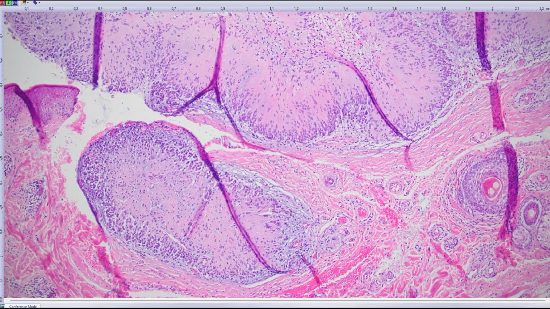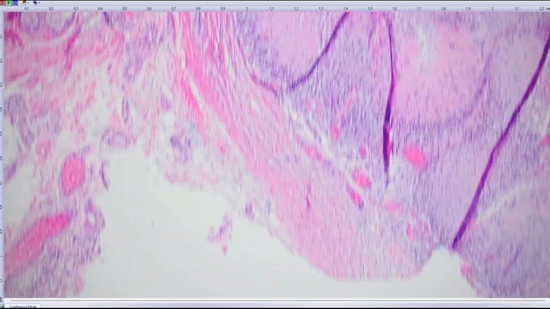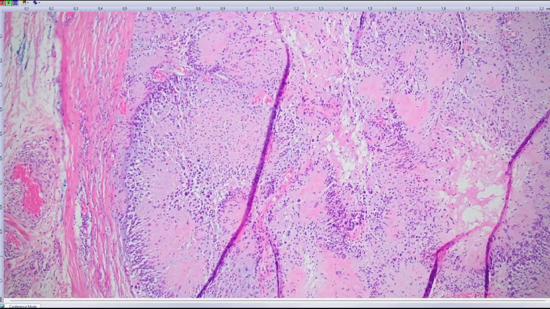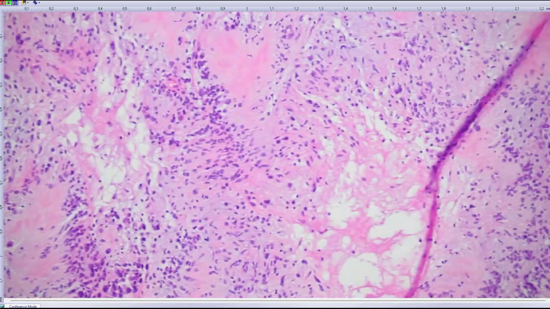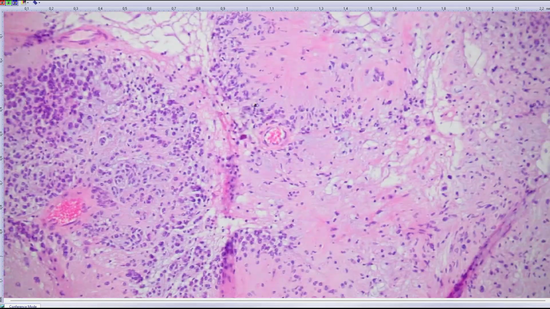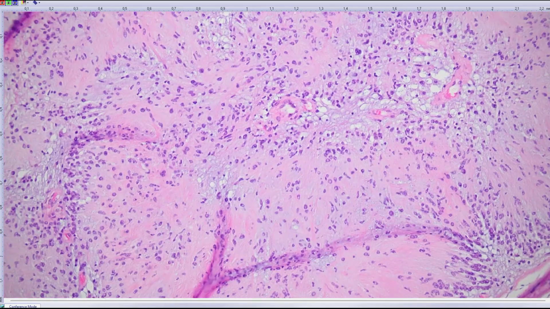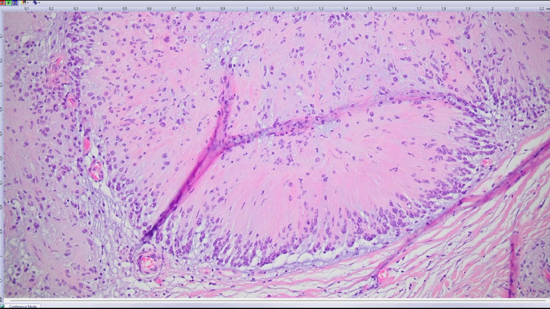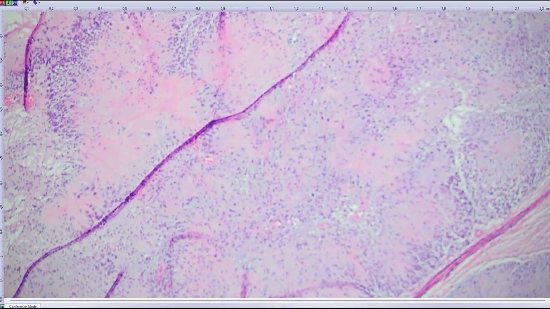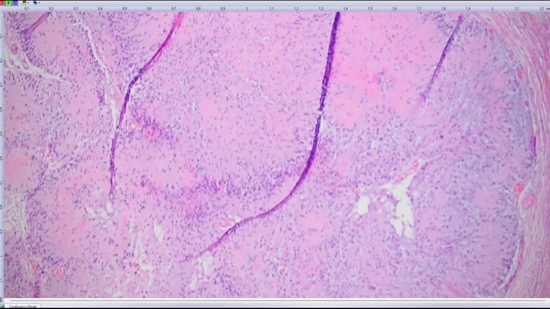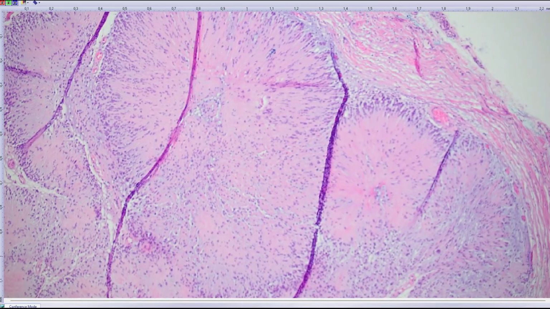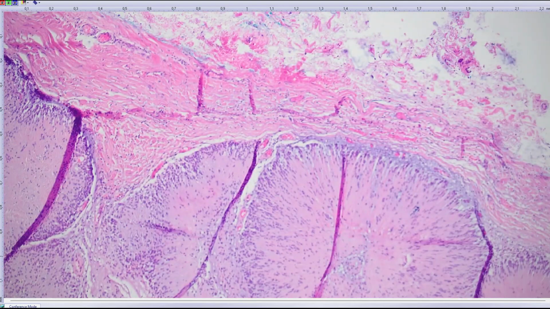I'm sure it will have some recurrent aberration on the genetic level, but it is not well known yet. Sharon Weiss used to call this lesion neuroblastoma-like benign schwannoma. It just shows how picturesque these lesions are.